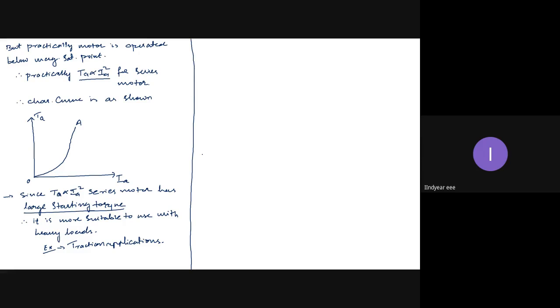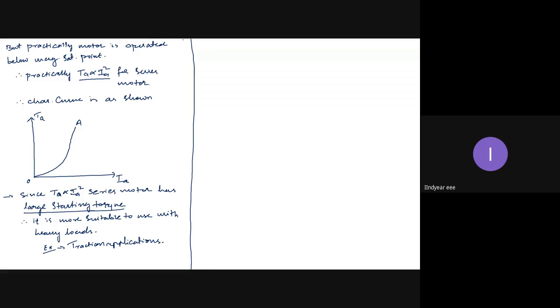Brushless DC motor is not new, it is an old motor itself, but it has found its applications largely in small electric vehicles. So traction application means large locomotives like electric trains, and all the applications where we need larger torques or heavy loads.